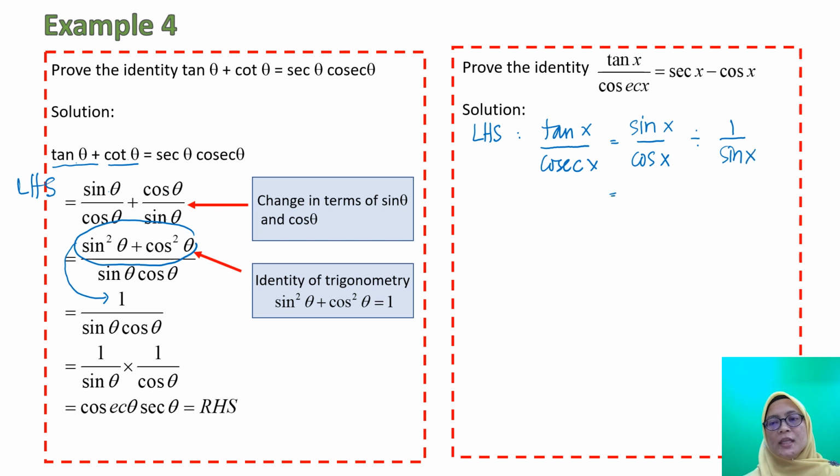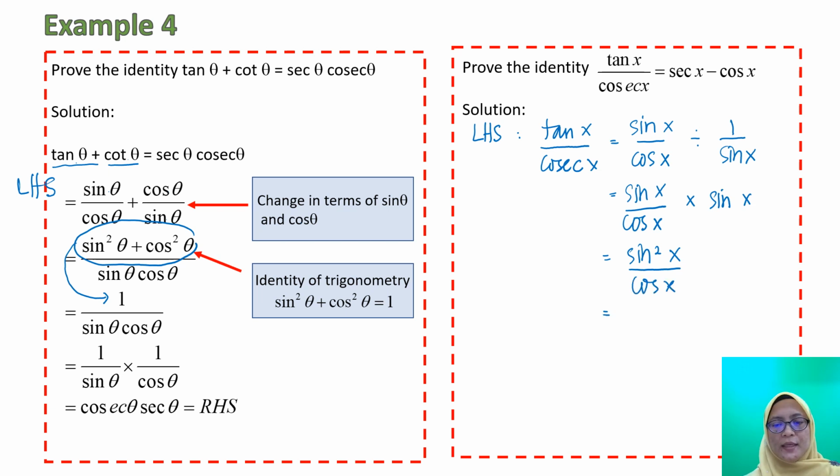Okay, so then kita interchanging. So ini jadi darab sin x. Okay, so sin x times sin x dapat sin square x over cos x.